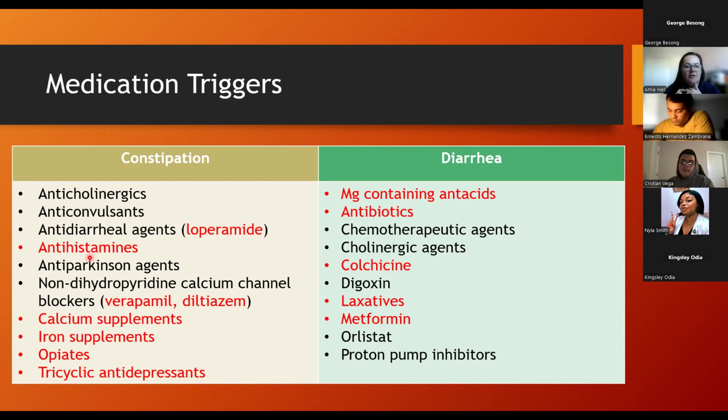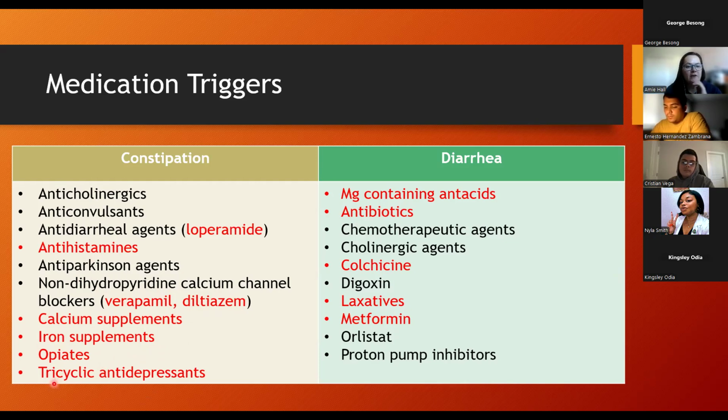All right. Anti-Parkinson's agents. Non-dihydropyridine calcium channel blockers, so your verapamil and diltiazem, can increase your risk of constipation. Calcium supplements can increase your risk of constipation. Iron supplements, you learned about iron causing constipation, hard stools last semester. Opioids, you learned about opioids causing constipation.